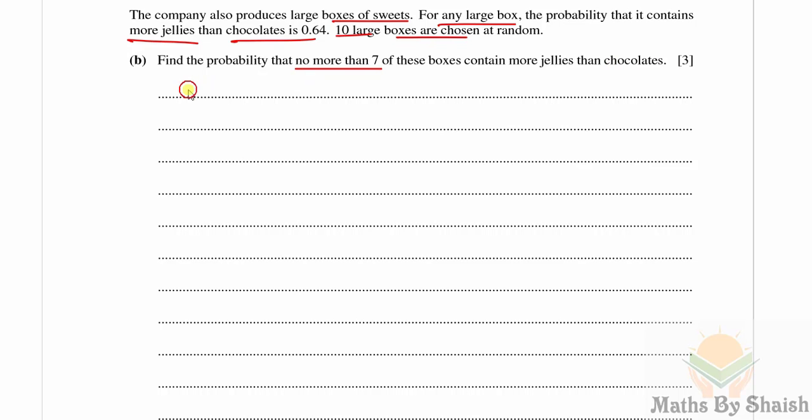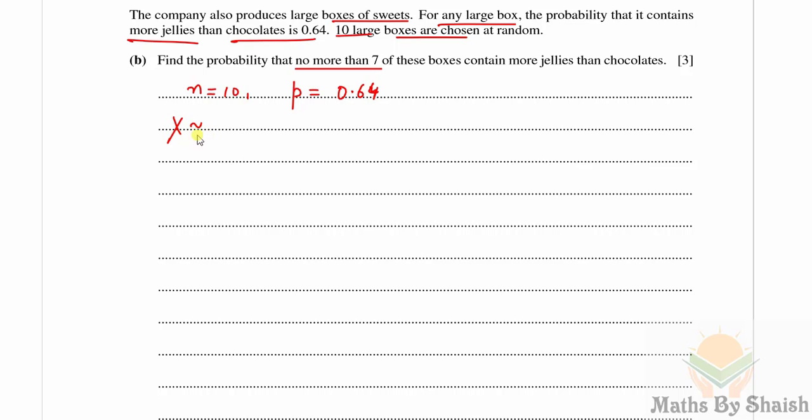So if we take n as 10, and x as the number of large boxes for which there are more jellies than chocolate, then the probability of success is going to be 0.64. Remember, here we have taken x because we are going to make it binomial.